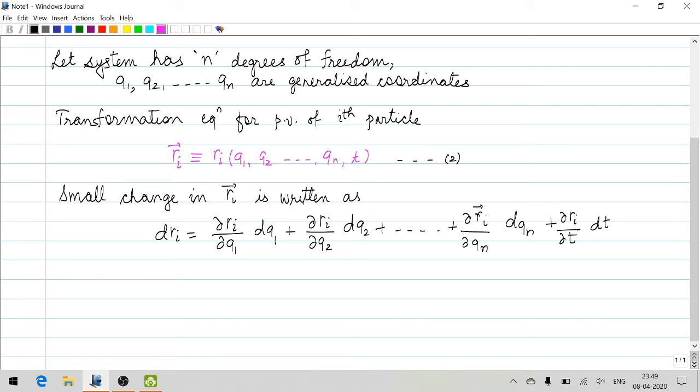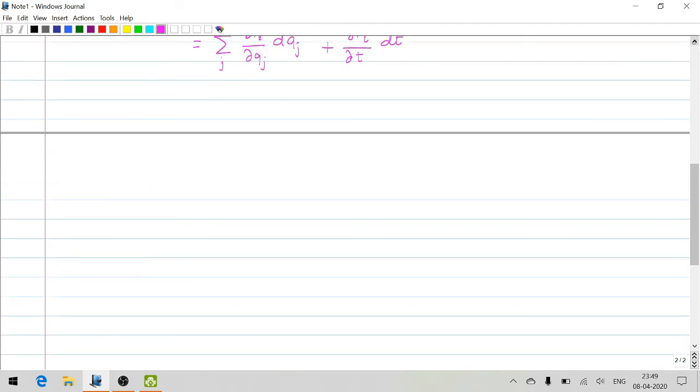Now in short notation we write this as summation over j dou Ri upon dou qj dqj plus dou Ri upon dou t.